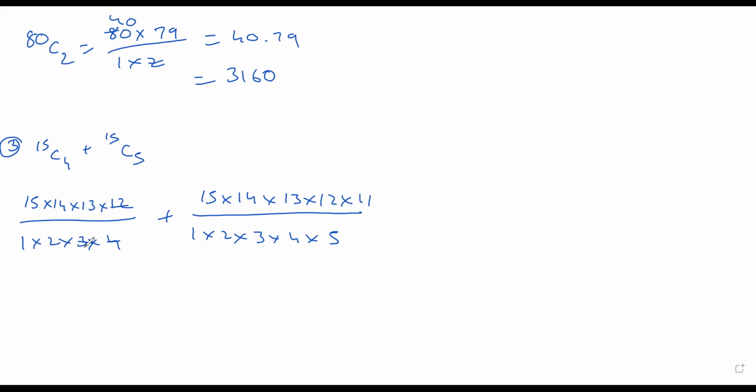So this will be 15 into 13 into 7, that is 1365 plus 14 into 13 into 11 into 3. This is 6006. You can add this. 7371.